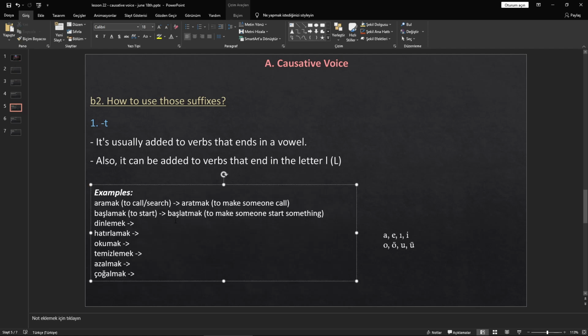And dinlemek. You can actually type the correct answers in the chat as I go to the next verb. So how will you say it? Dinlemek means to listen. You made a small typo, Sami, but yes, that's correct. You insert this T into the conjugation: dinletmek, which becomes to make someone listen.